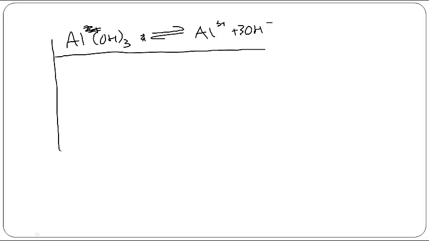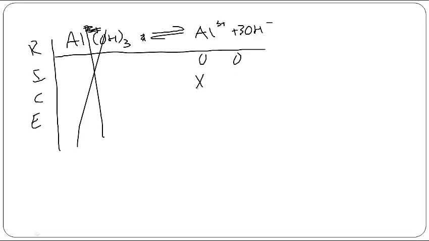So again, 0, 0, 0. Trick here. x, 3x, because I have the 3 OHs. And so I have x and 3x. And my KSP expression is Al3 plus times OH minus cubed.